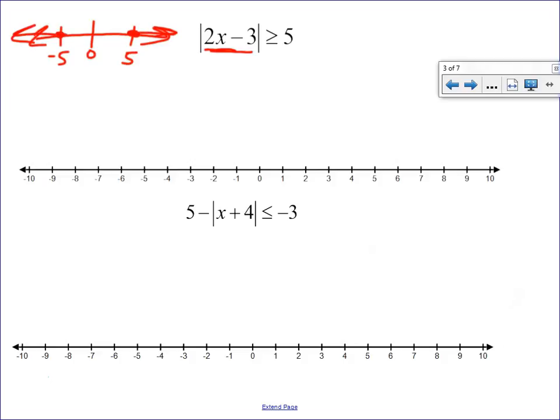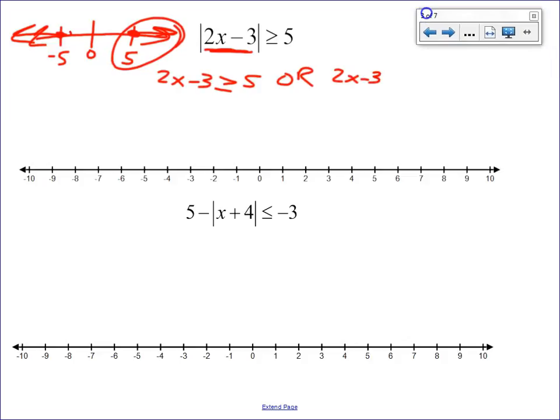Now that we understand that, we can solve. Whatever's inside, 2x minus 3, has to be greater than or equal to 5, or whatever's inside my absolute value brackets will be less than or equal to negative 5.